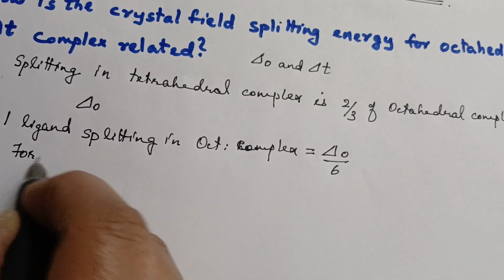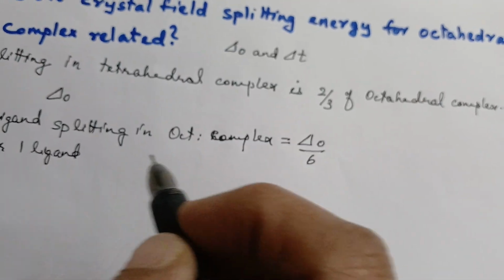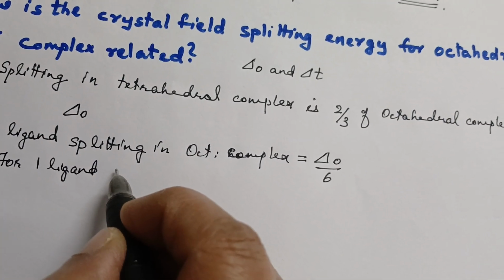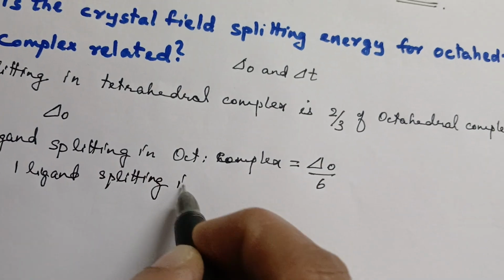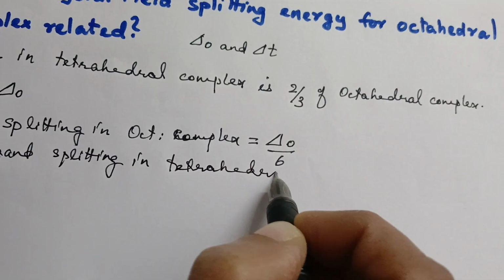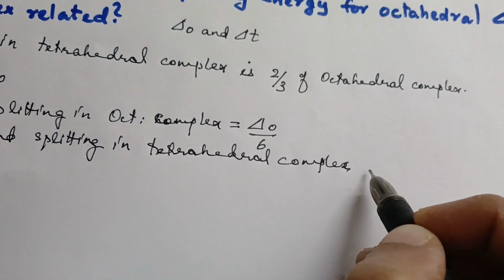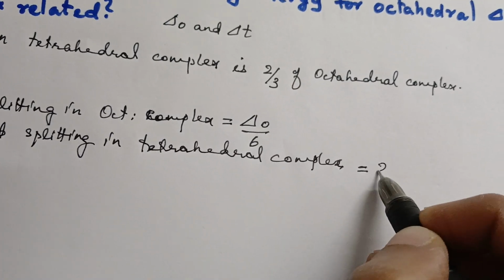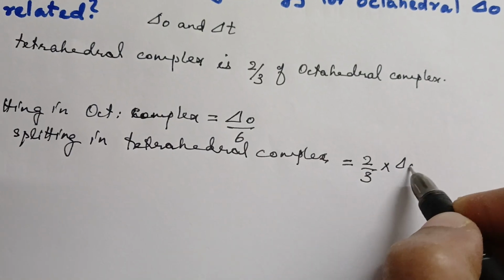For one ligand, splitting in tetrahedral complex equals 2 by 3 of delta O by 6.